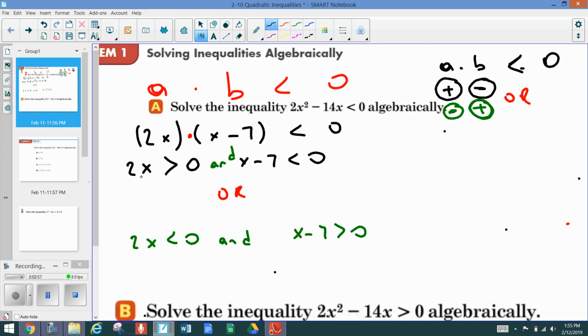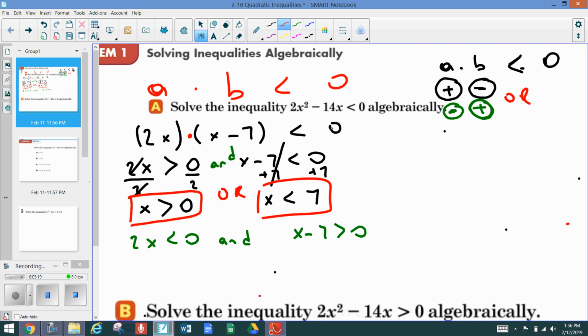Let me continue on the black one. We're going to solve for x, divide by 2. They cancel out. X is greater than what? 0 over any number? Just 0, correct. And then we're going to add 7 to both sides. Cancels out. X is less than 7. Keep them for a while here, and then deal with the green colored ones.